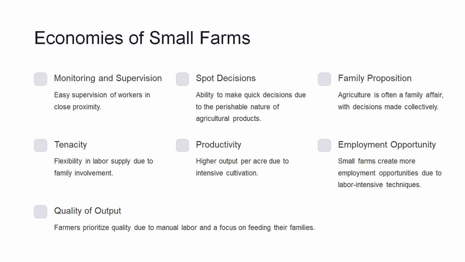Now let's have a look into some of the important land reforms in India. First, the creation of economic holdings through redistribution of land to small and marginal farmers with a view to facilitate adoption of modern, improved farming techniques.